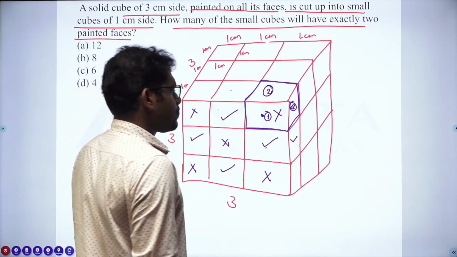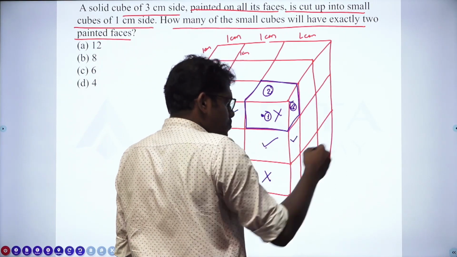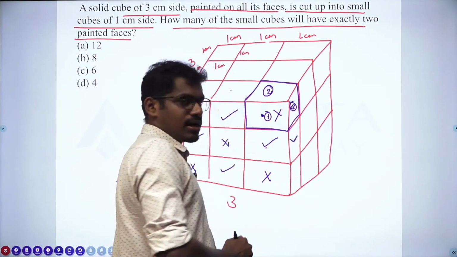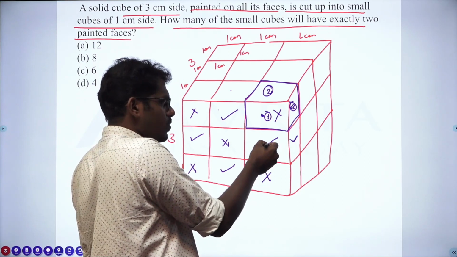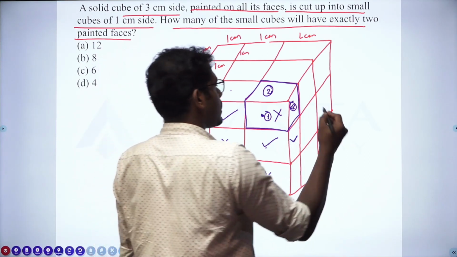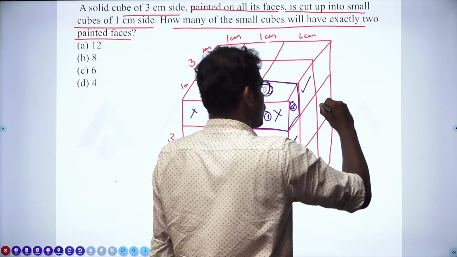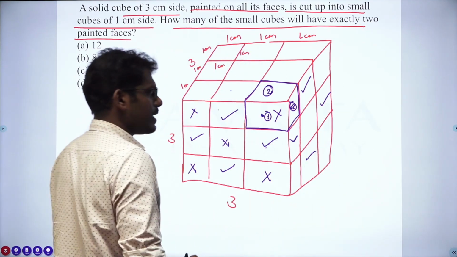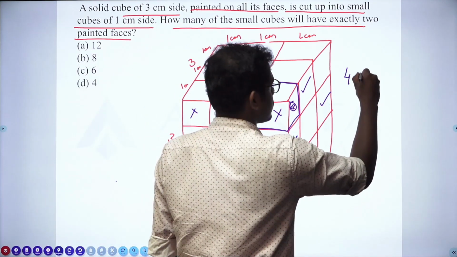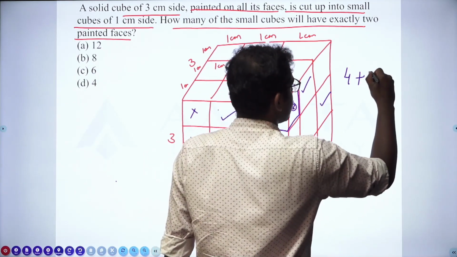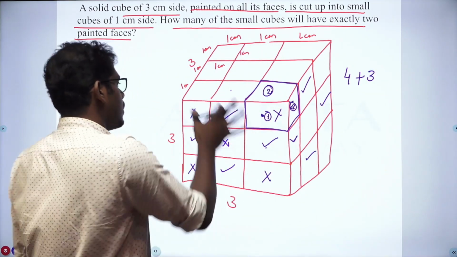Okay. So 1, 2, 3, 4. Let me take this face. For this face, this cube has already been counted because it is part of this one. Clear? Okay. What are remaining? 1, 2, 3. Clear? So already the front face has 3 cubes. The right face has 3 cubes.